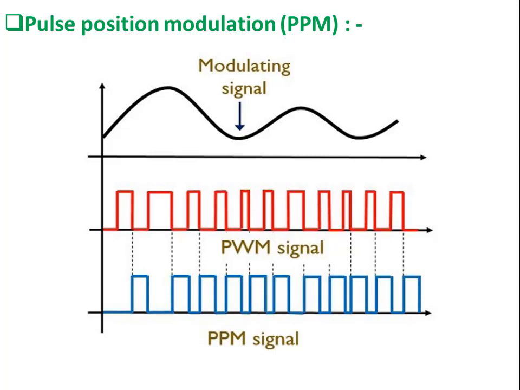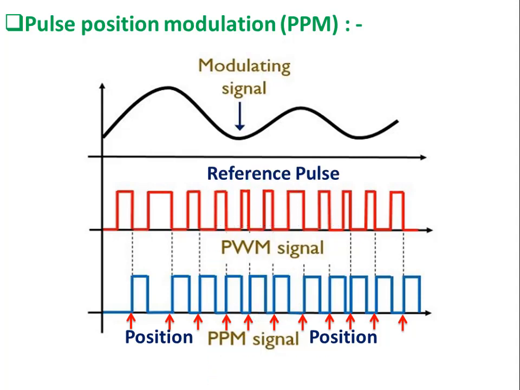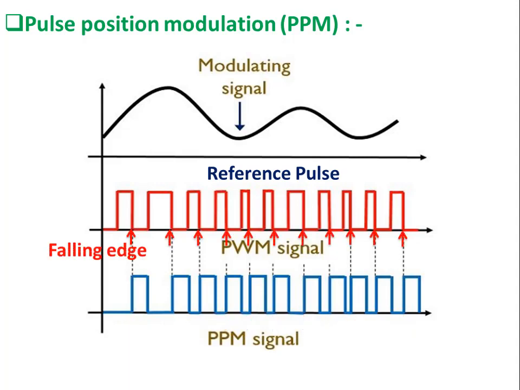In PPM modulation technique, the position of the pulse modulated output varies in accordance with the reference signal. Here in this modulation, the reference signal is nothing but PWM pulses, which we have already studied in the previous slide. Basically, the falling edge of PWM pulses acts as the starting or rising edge of the PPM pulse.